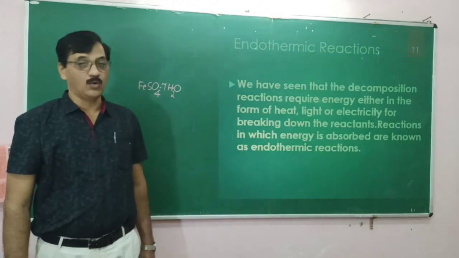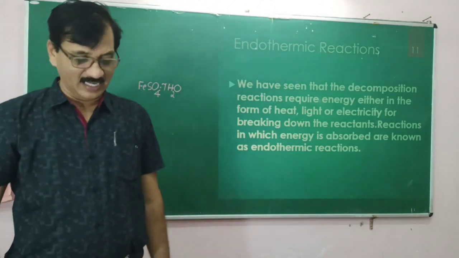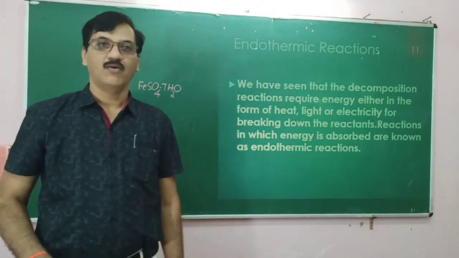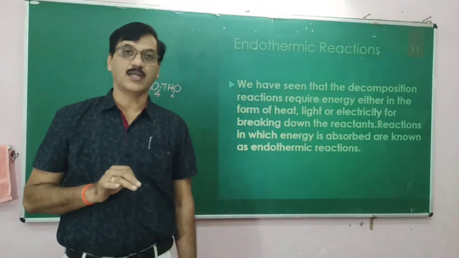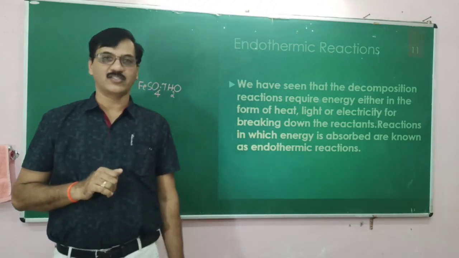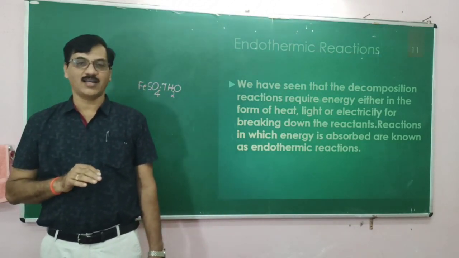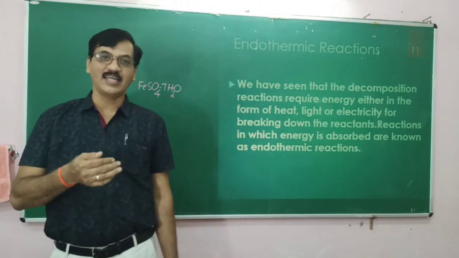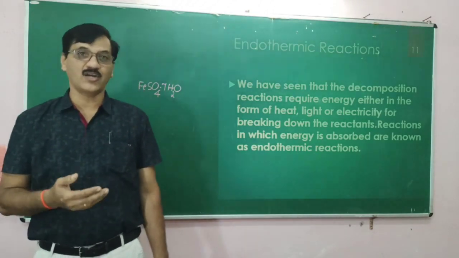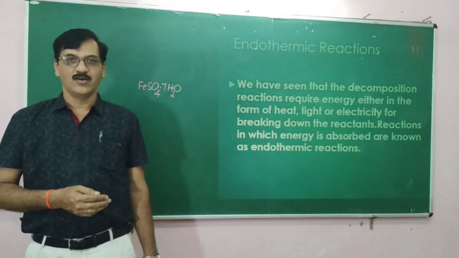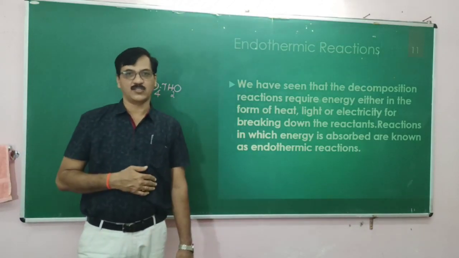Right? Now, these reactions that we have seen so far were endothermic. What is meant by endothermic reactions? Endothermic reactions are those reactions which need energy or consume energy, and we need to supply energy.